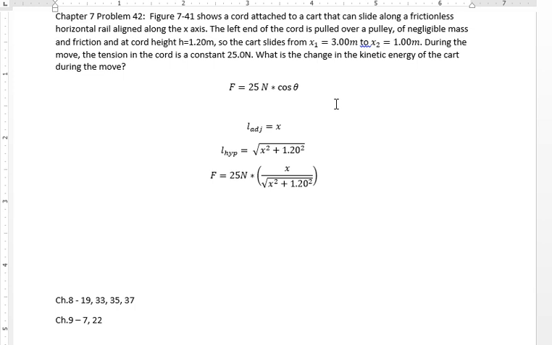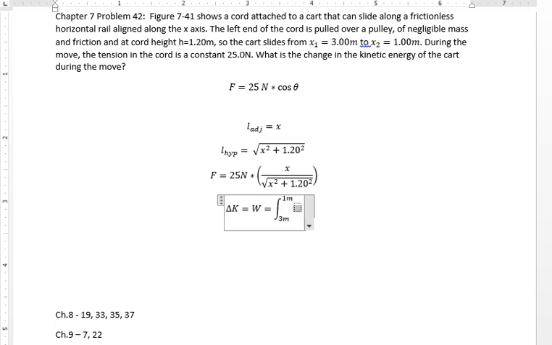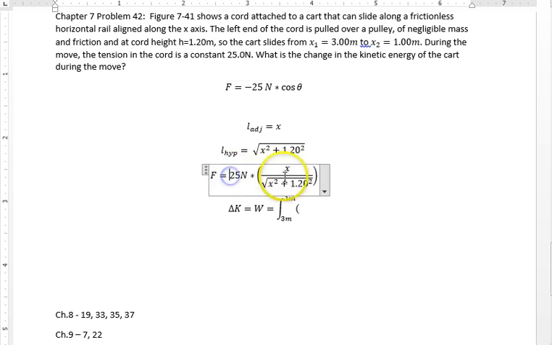As you can see, it's a variable force. It depends on x. Now, they're asking for the change in kinetic energy, which is going to be the work, which is the integral from 3 meters to 1 meter. Because this force points in the negative direction, I have to put my negative in.